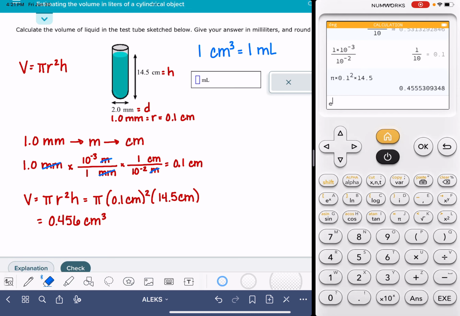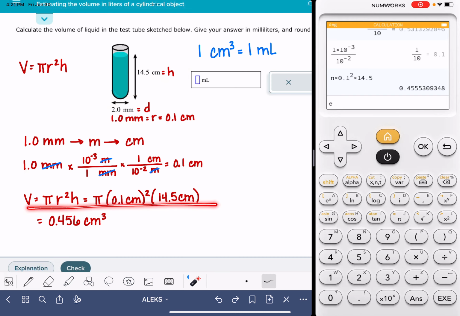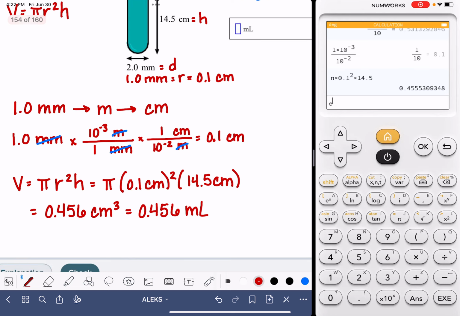This is why I recommend that you put the units of your radius and your length into centimeters before you do this type of calculation, so that when you do your volume calculation, you will end up with cubic centimeter units. 1 cubic centimeter is 1 milliliter. So if we have 0.456 cubic centimeters, we have 0.456 milliliters, because those two units are one and the same.